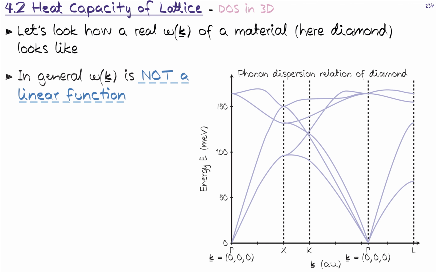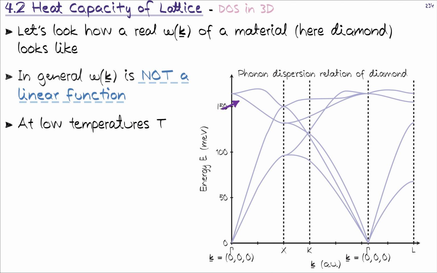Dispersion relation, I mean. And at low temperatures, if you think what that means in terms of the thermodynamics of our system, the kBT values are quite low, and that means that we don't have that much energy to divide into these different states.